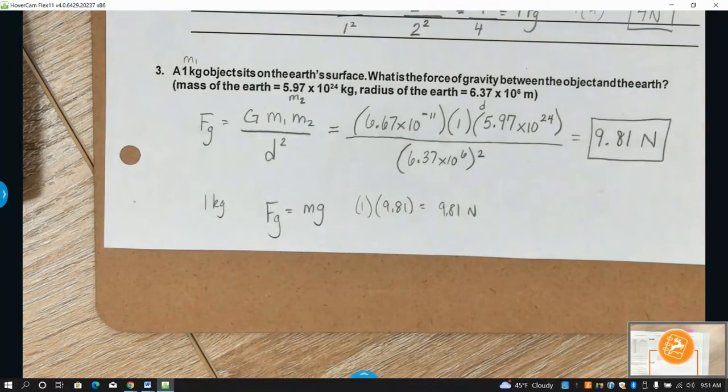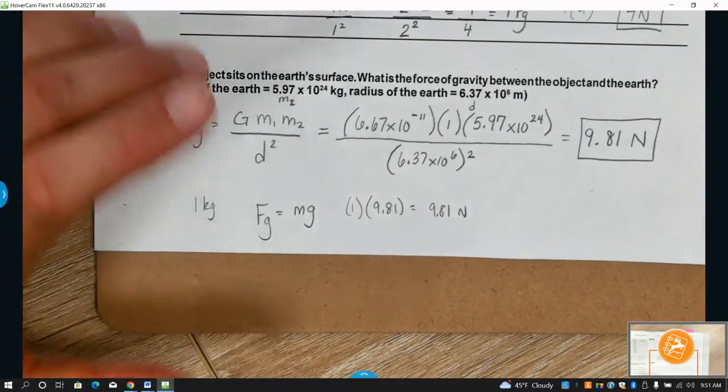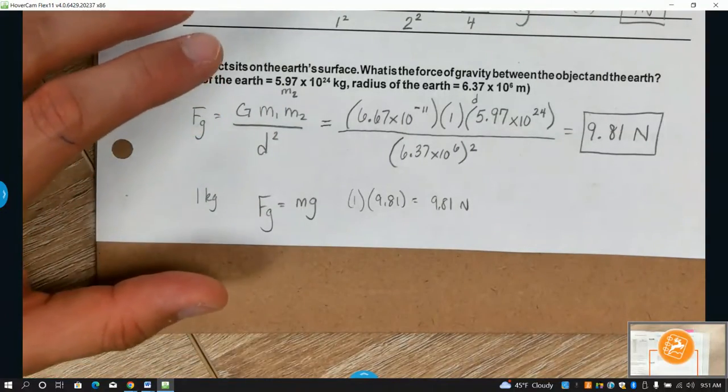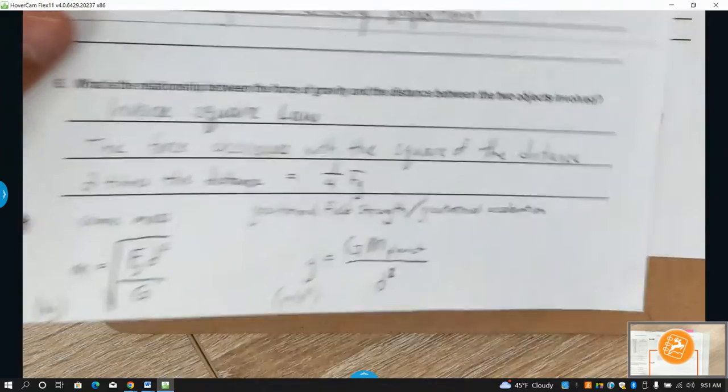If two objects have the same mass, you know the distance apart and how much force they're exerting on one another, you could rearrange it and find just m. I gave those equations in the notes from yesterday, which I'm just going to throw up real quick.